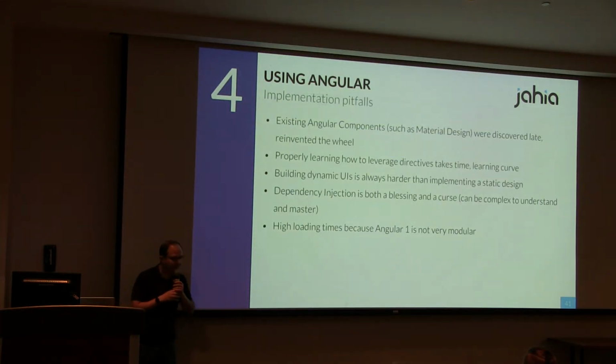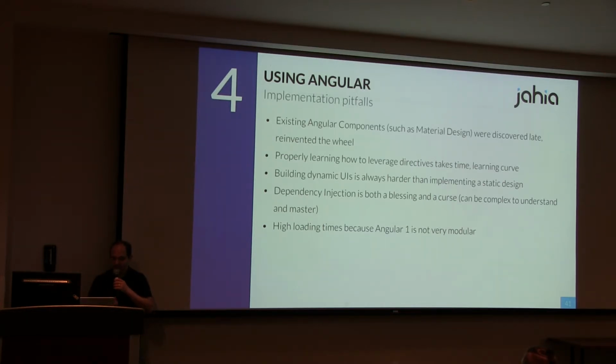The other things we did wrong: we discovered some components too late. As I said, it looked like Angular Material or Material Design, but we discovered those components too late. So we had redeveloped a lot of components, which was a mistake. That was something we wish we had done differently.